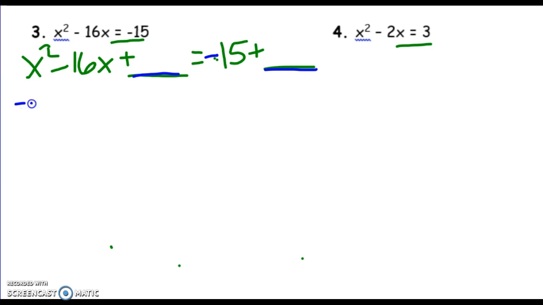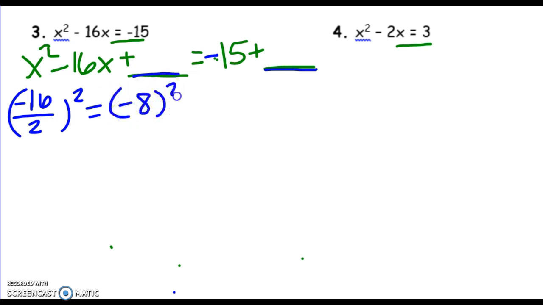So I do my negative 16 over 2 quantity squared. That would be a negative 8 squared, which would be 64, and 64. Okay, so if that is the case, I can now simplify this.